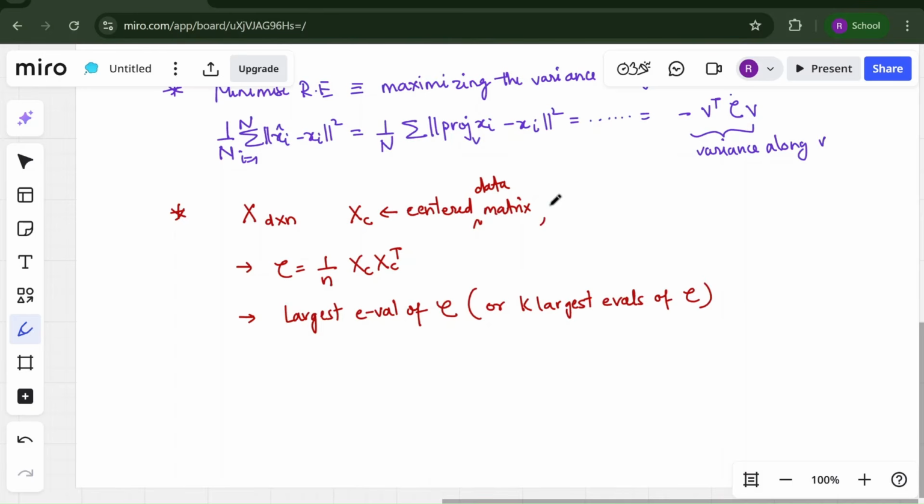Let us say we want to project onto a k dimensional subspace, and naturally this k will be lesser than small d, right?